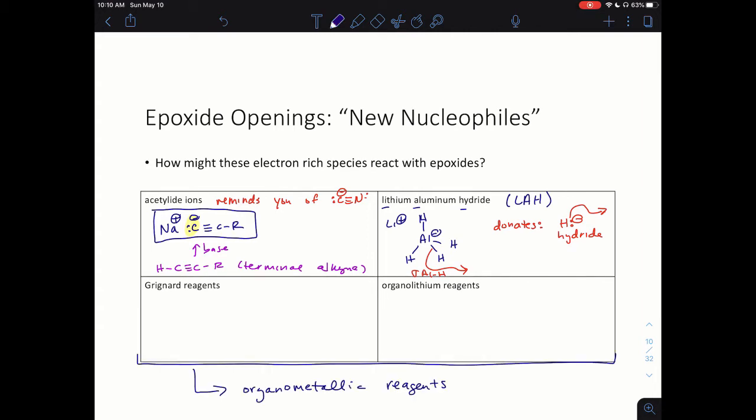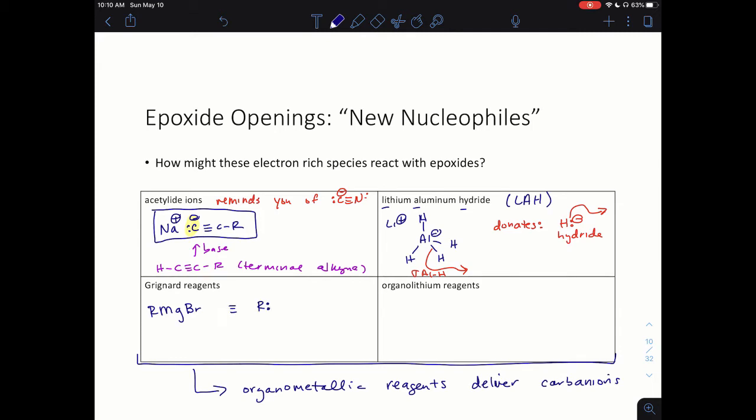Grignard reagents and organolithium reagents are examples of organometallic reagents, and these deliver carbon ions. We will look at an example of both of these. So Grignard reagent, the simplest way to represent it is R, Mg, Br.